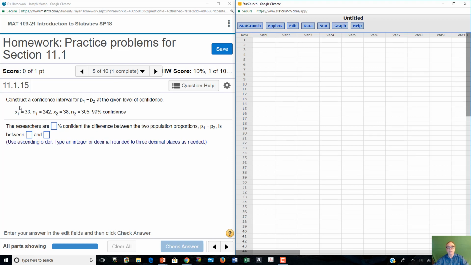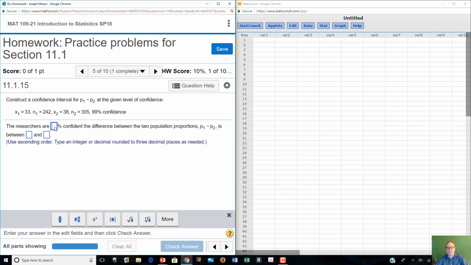If you read the problem, it says construct a confidence interval for P1 minus P2 at the given level of confidence. Level of confidence is 99%. So down here in our problem, the researchers are 99% confident the difference between the two population proportions, P1 minus P2, is between. Now we have to go to StatCrunch to figure that out.